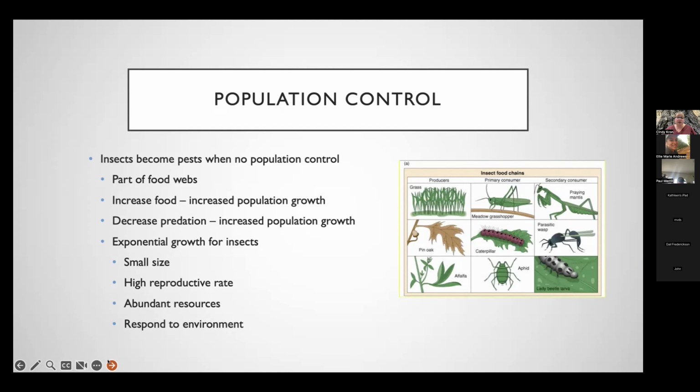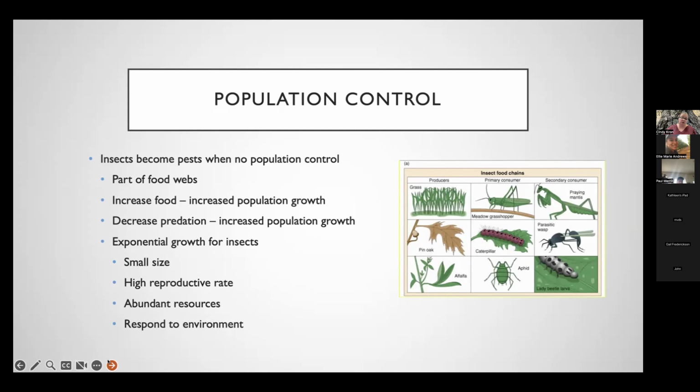Increase food, you're going to increase your population growth. So in maybe very wet and rainy springs, you have a lot of green growth. They might be feeding on the perimeter of row crops and move into those crops in high numbers. Decrease predation.